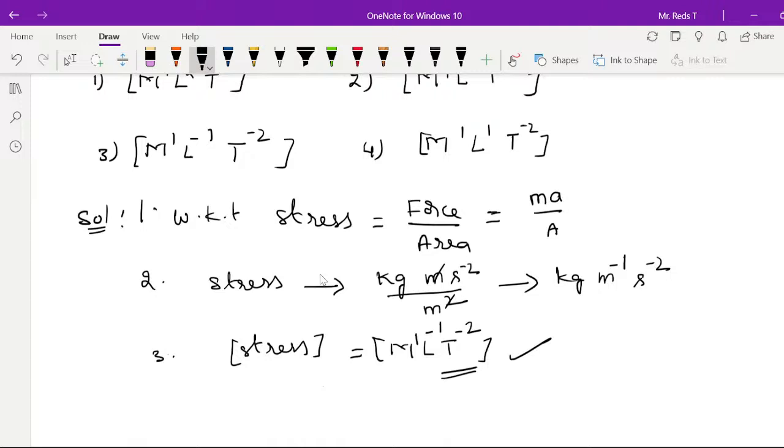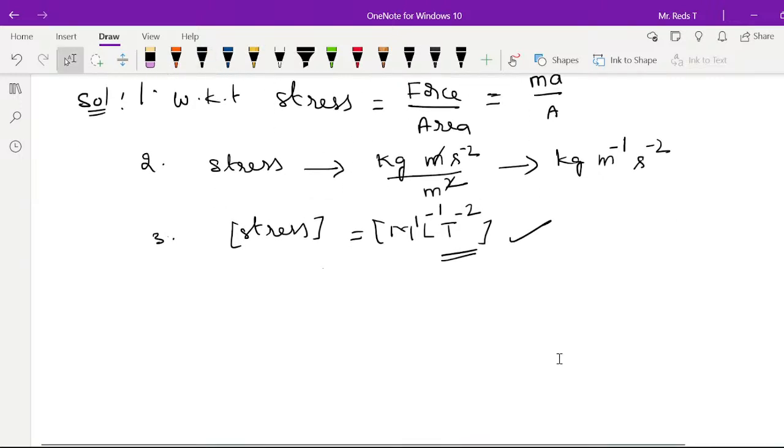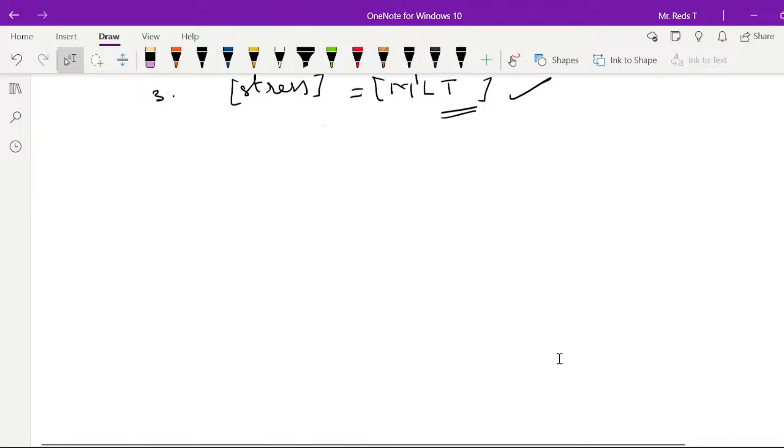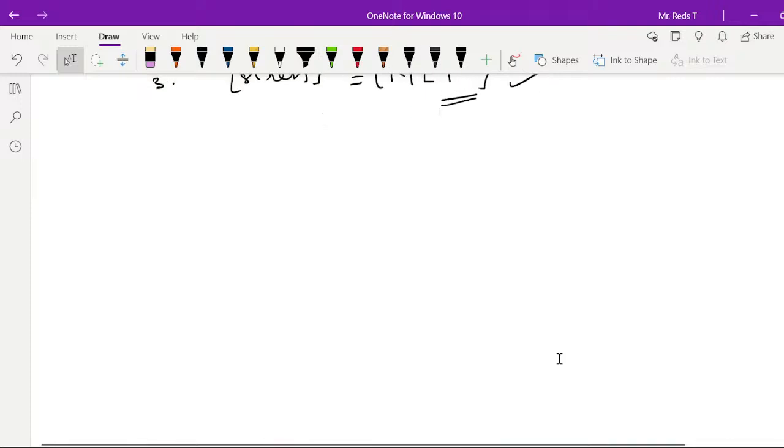Okay, next let us see one more question from previous years. See here, the question is, this is asked in NEET 2021. We'll work out JEE based questions also afterwards.